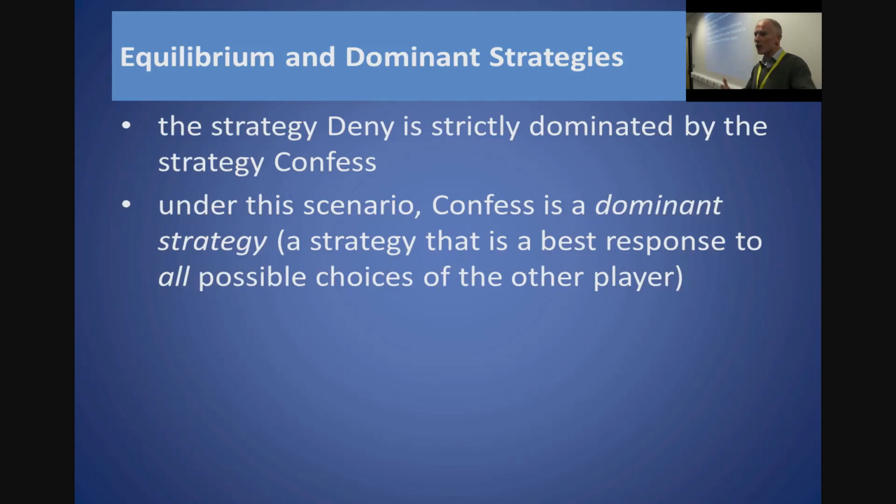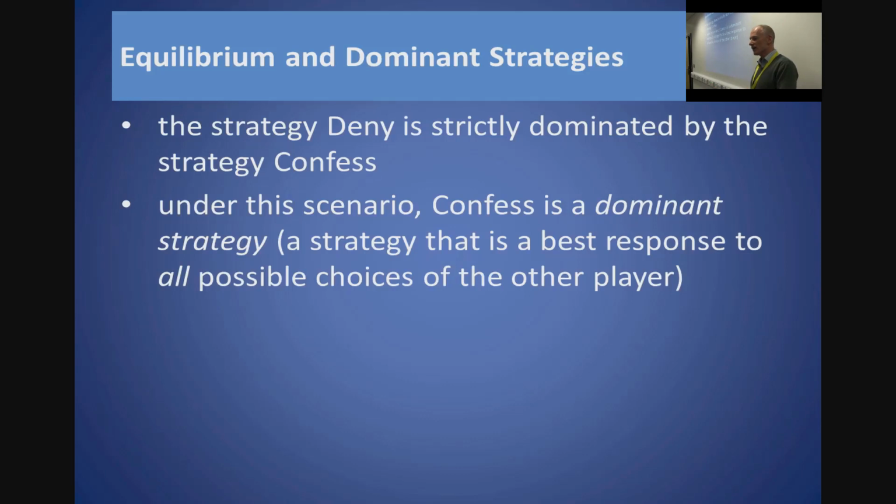And given the way that we've set this game up, it's completely and utterly symmetrical. So we could go through exactly the same line of reasoning with suspect 2, and we'd end up at the same conclusion. That the strategy of deny was strictly dominated by confess. So both players would end up confessing.